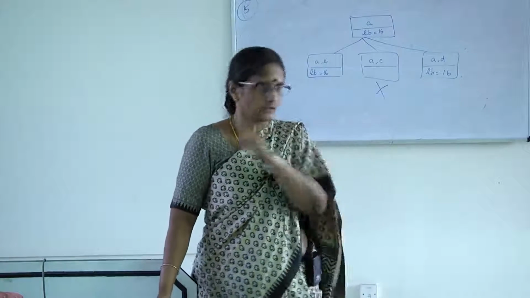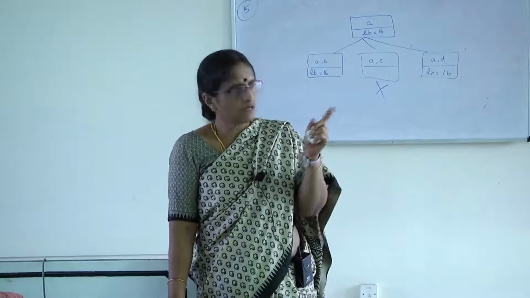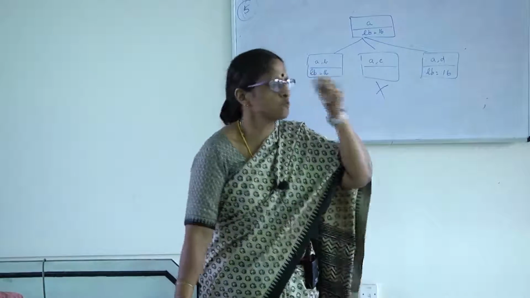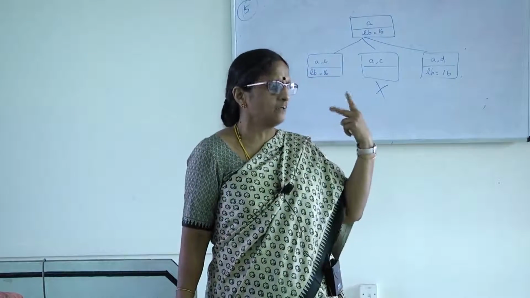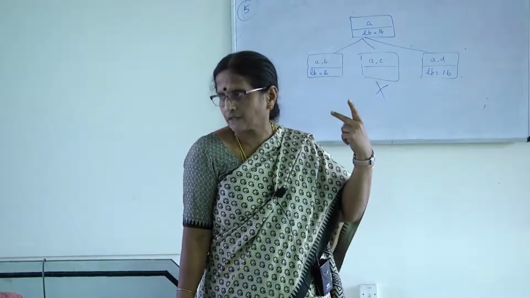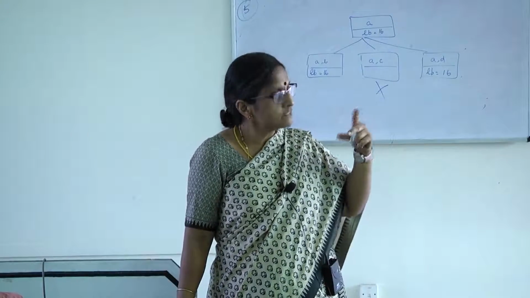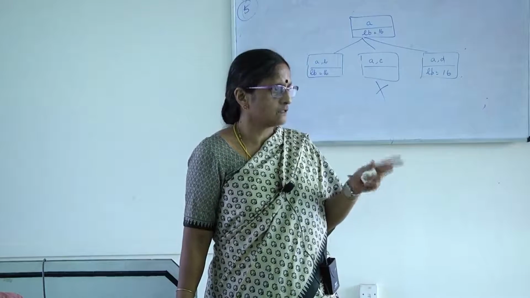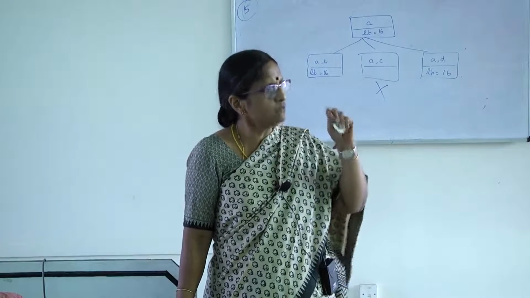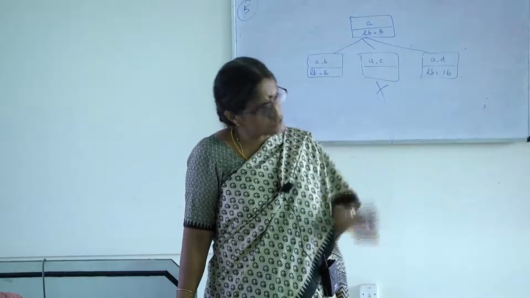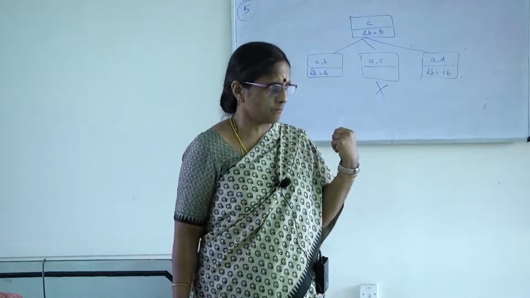So I construct all the 3 nodes, and among the 3 nodes, I choose one of them to expand, the E node, expand node. But which E node will you expand? The one which is more promising, the one whose lower bound is the smallest, because it is a minimization problem.